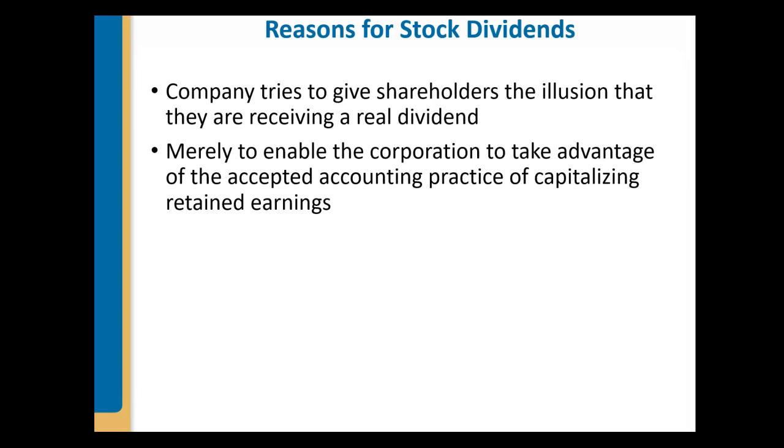A company may wish to reduce an existing balance in retained earnings, otherwise available for cash dividends, so it can reinvest the earned assets represented by that balance without carrying a large balance in retained earnings.